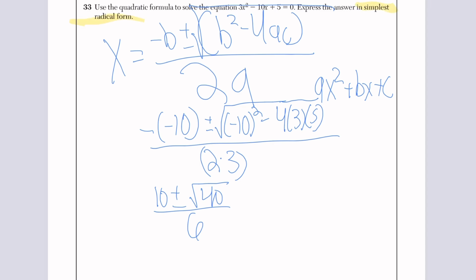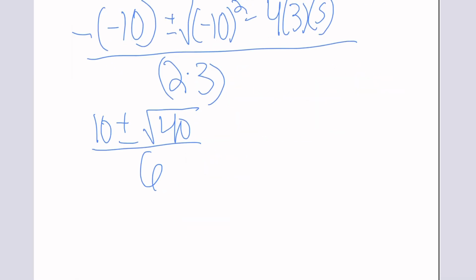To do your simplest radical form, you're going to want to split up the radical 40. To split up the radical 40, you can use two methods. One is on a calculator and one is just to do it. First, we're going to do it and then I'll show you guys how to do it on the calculator. So you find the factors of 40.